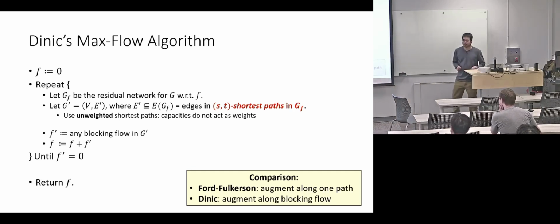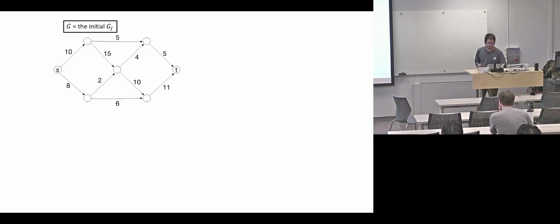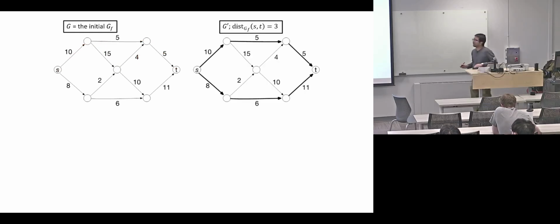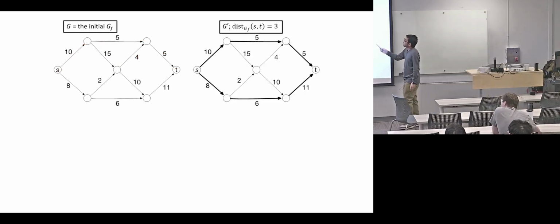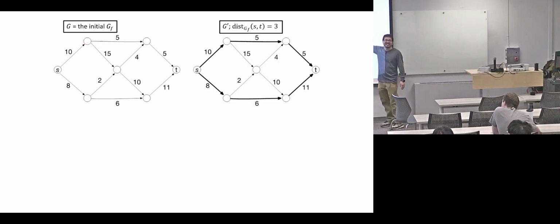Let's see an example. This is a graph. What's the shortest path from S to T? What is the distance from S to T here? 3. You can go in a 3 hop here. This is not a shortest path. So the distance here is 3, and the bold ones are in G prime.